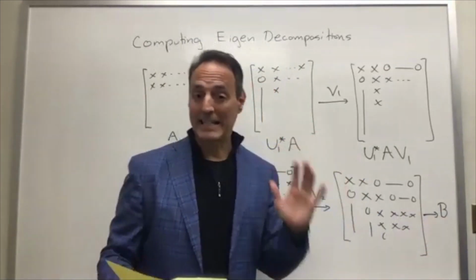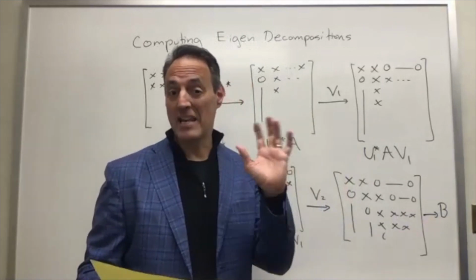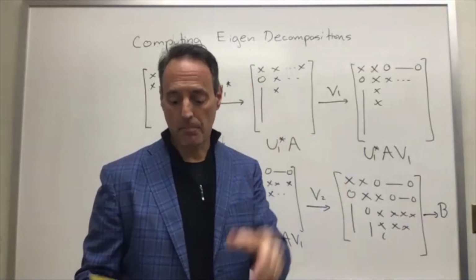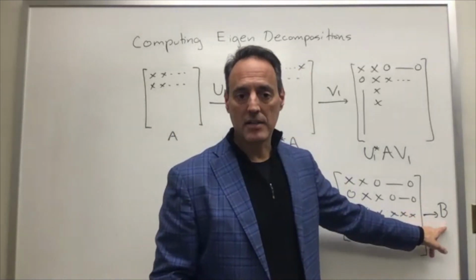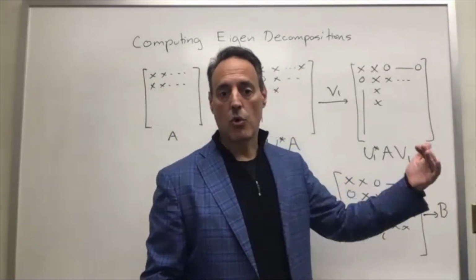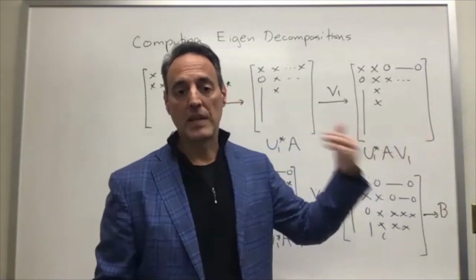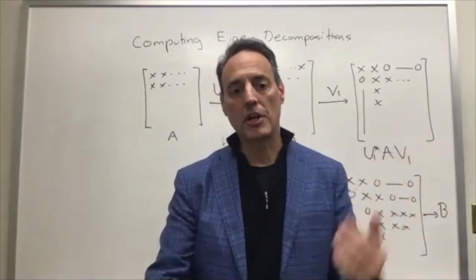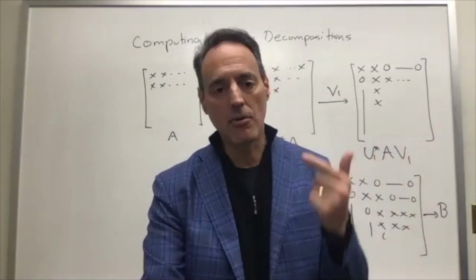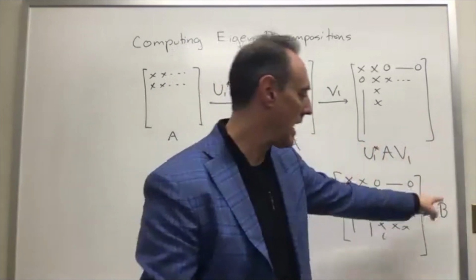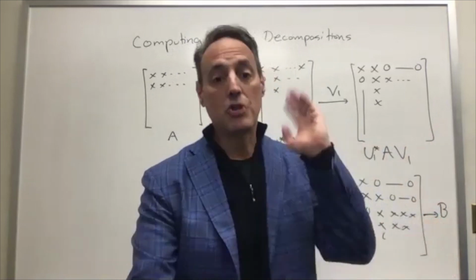From about the 1960s to about the 1990s, so about a 30-year period, what you did here to take this B towards the eigenvalues is you used a QR decomposition, or a QR algorithm, basically an iterative QR algorithm that allowed you to go from bidiagonal to diagonal.